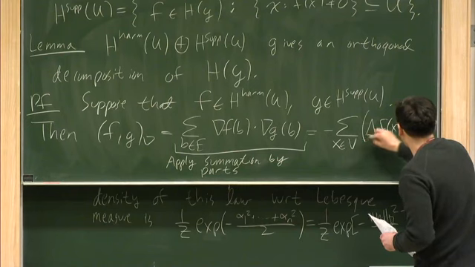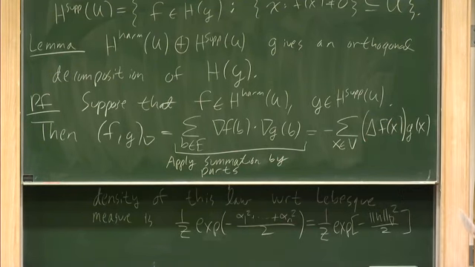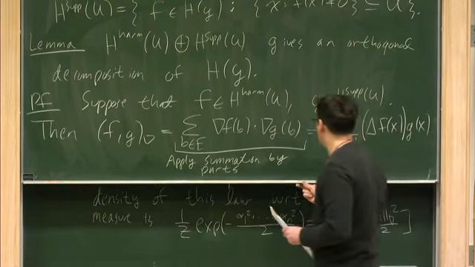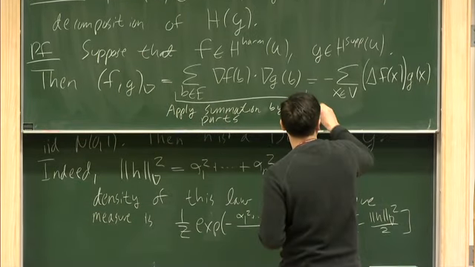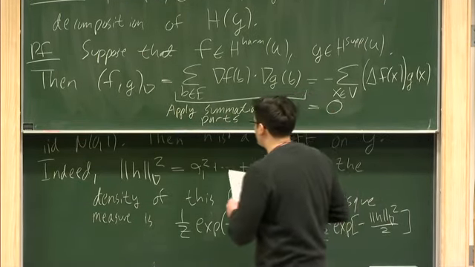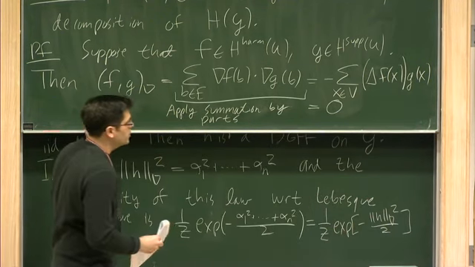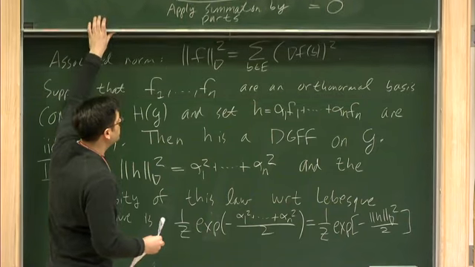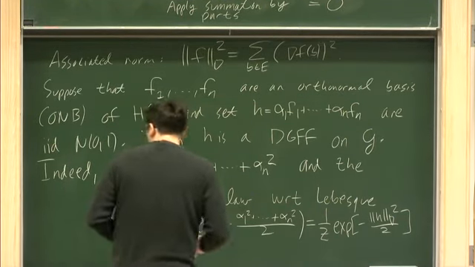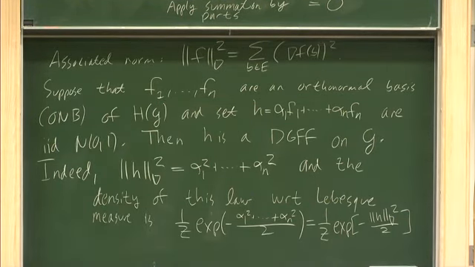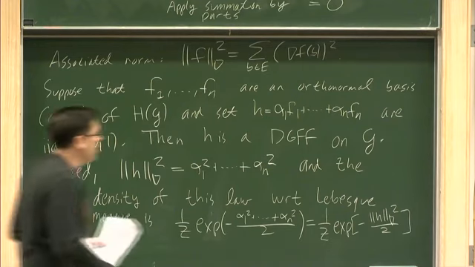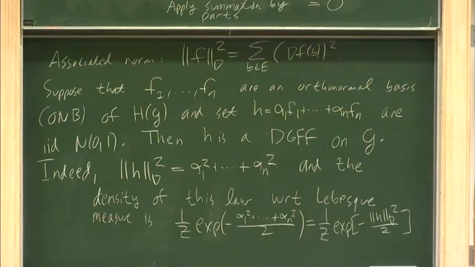So the Laplacian here is only on f. And this has to be equal to 0. The reason it's equal to 0 is that the Laplacian of f is equal to 0 whenever x is in U, and g is equal to 0 when x is not in U.